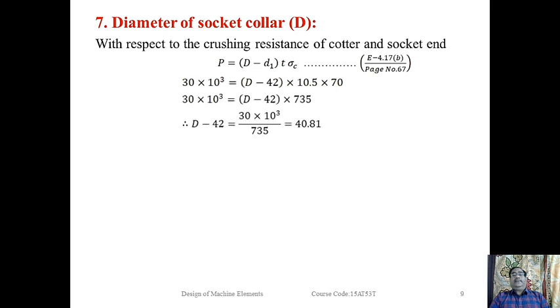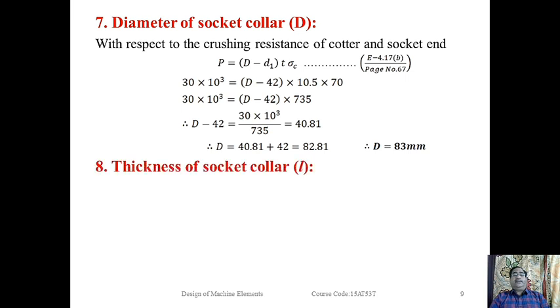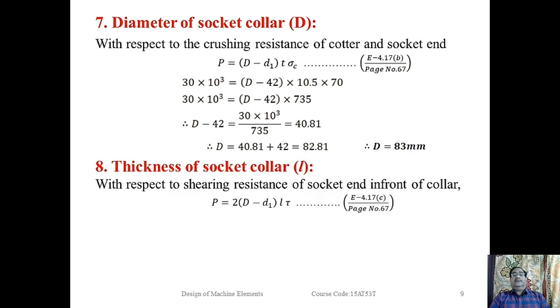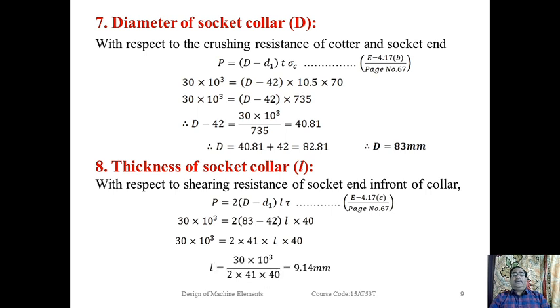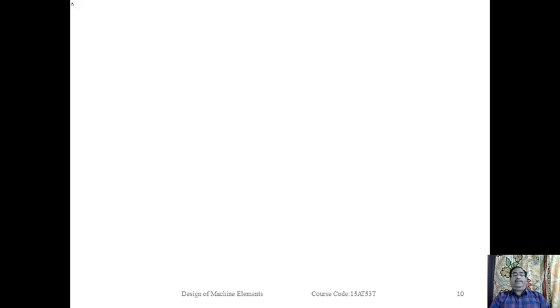So again we have to use the equation 4.17 and after calculating capital D is equal to 83 mm. Similarly, eighth one, thickness of socket collar, by using the equation 4.17c, which is on page number 67, the value of L is equal to 10 mm.